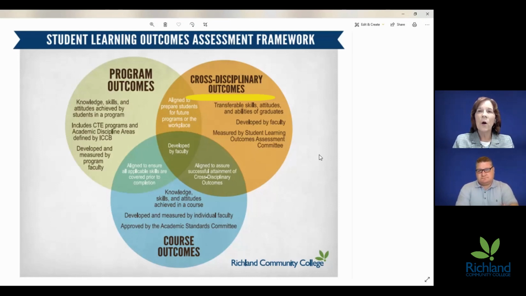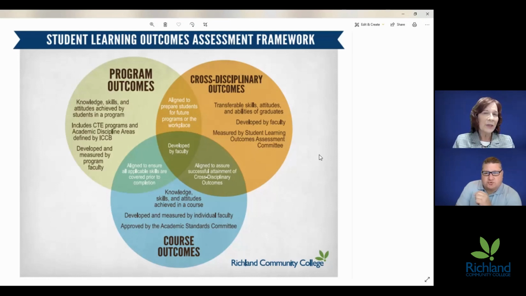Those are then reviewed at the end of the semester, and then those are evaluated later. And I don't want to get into too much detail because it is somewhat overwhelming, but our Student Learning Outcomes Assessment Committee handles all that. They're really good about communicating with faculty and letting them know what to do and when to do it.